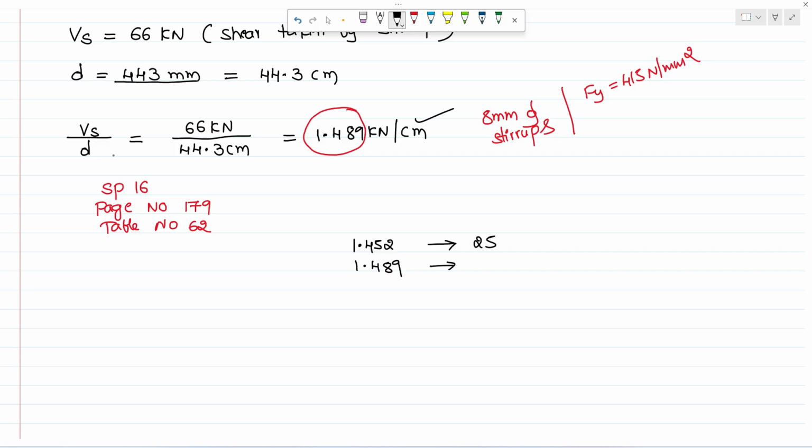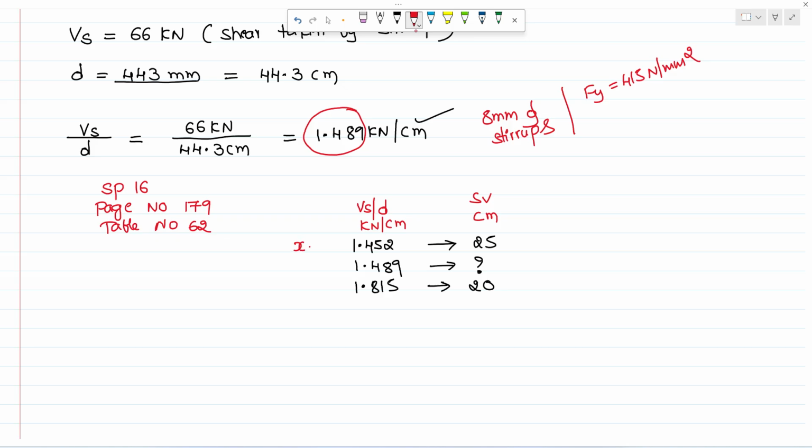So for 1.489 what is the spacing? For 1.815 spacing will be 20. This column is Vs by d value in kilonewton per centimeter, and this will be spacing in centimeters.